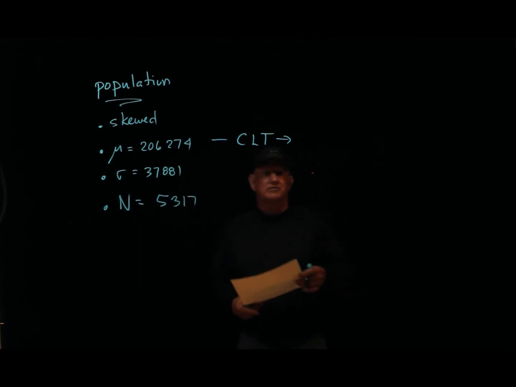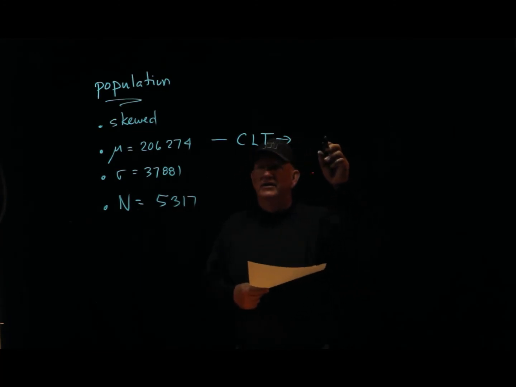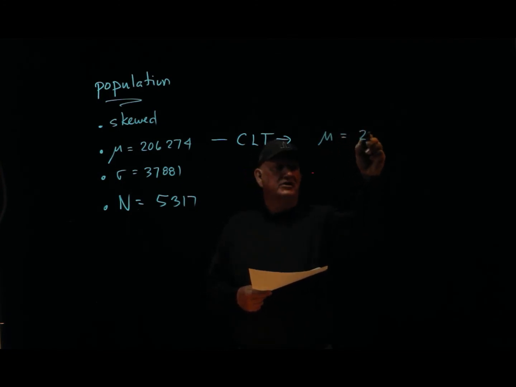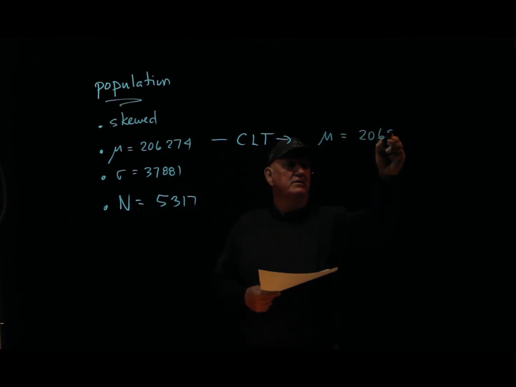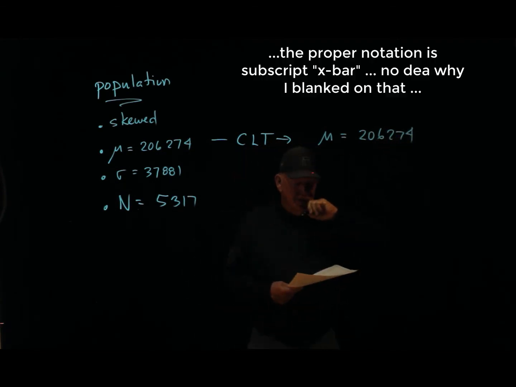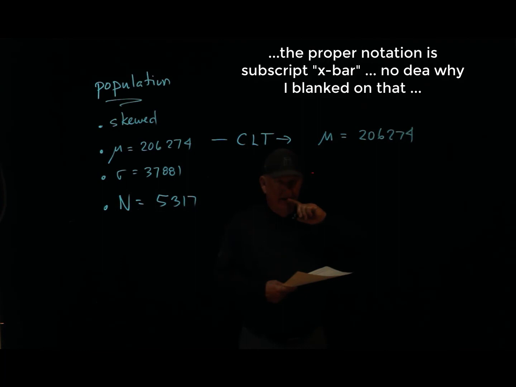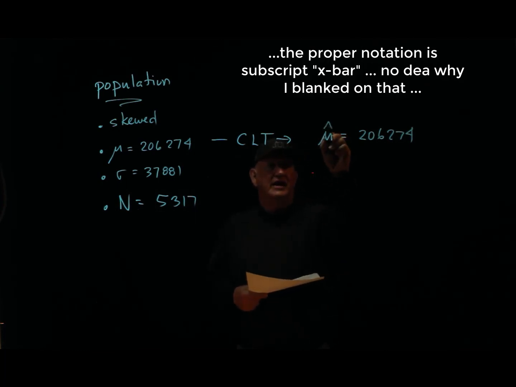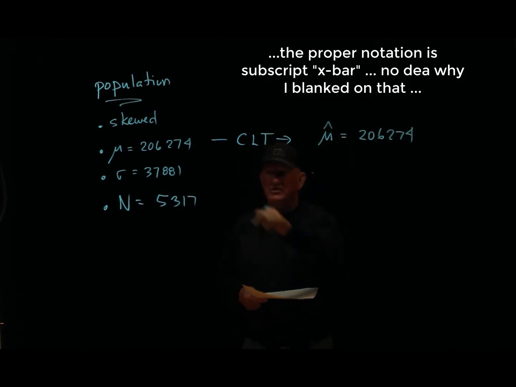the central limit theorem says that that distribution will have a mean that's equivalent to the population mean. I'm struggling to remember what the notation is for that sample. I'm sorry. I'm going to just call it hat for the second, just to distinguish it from that.